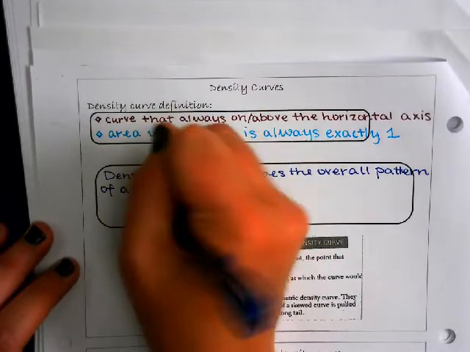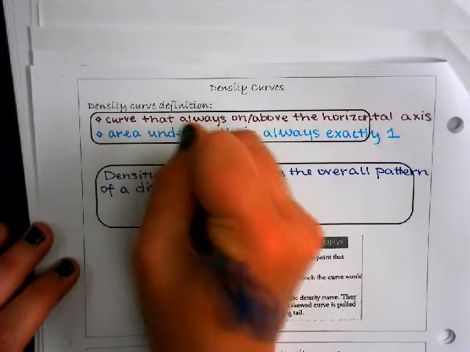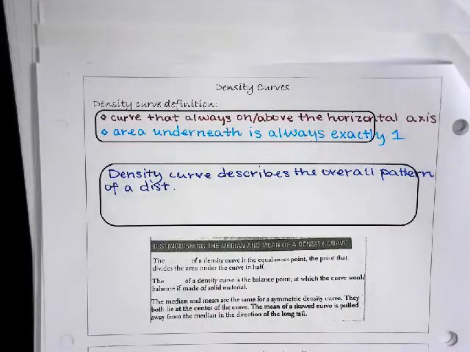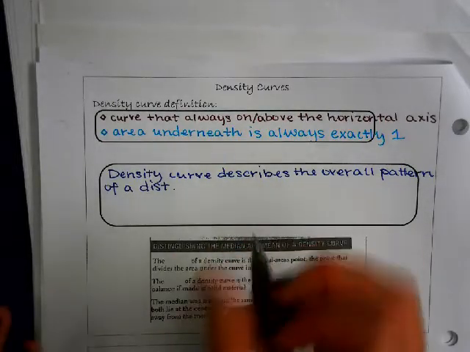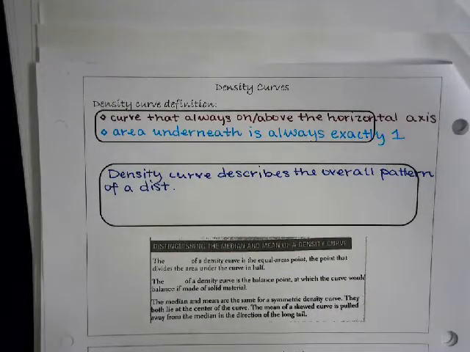I'm going to abbreviate distribution. The area under the curve and above any interval of values on the horizontal axis is the proportion of all observations in that interval.